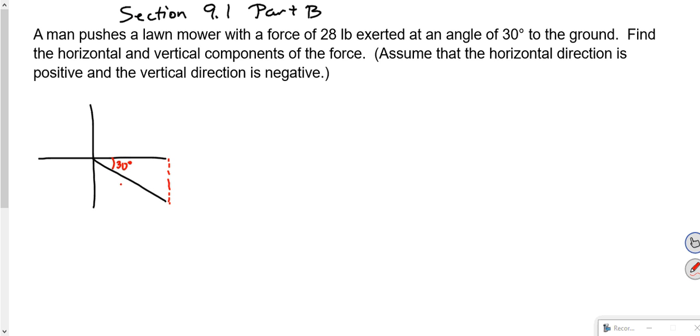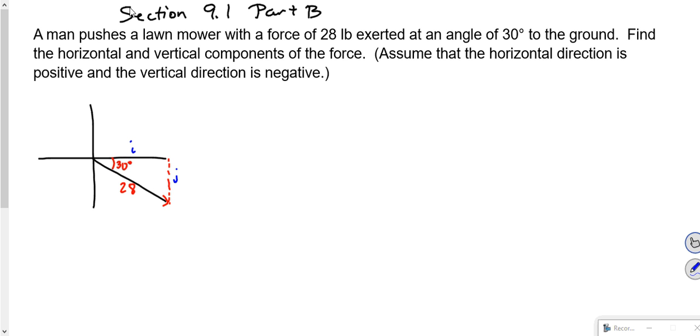But the force of 28, that's like saying our hypotenuse length here is 28. Okay, so this is our vector, and they want to know the horizontal and vertical components, kind of like we've done in the previous two at the end of part A here. So this is like our I position, this is like our J position, okay?